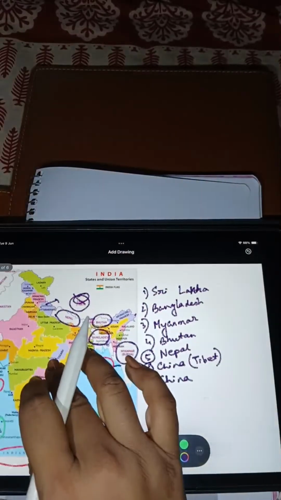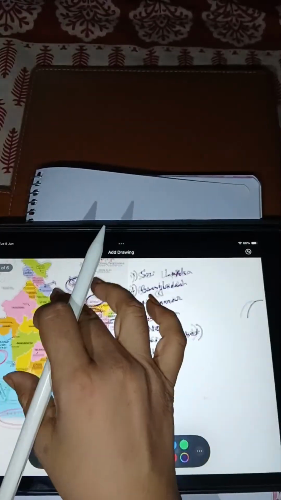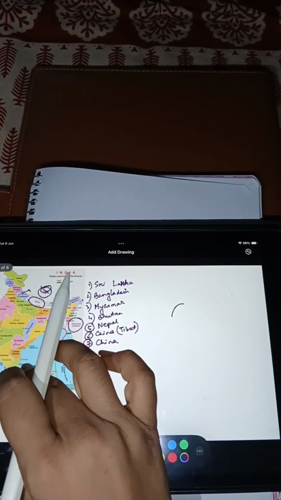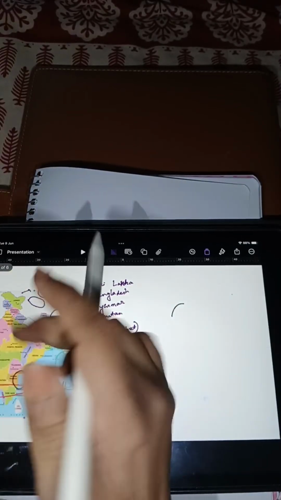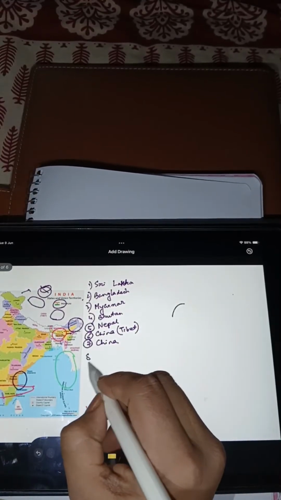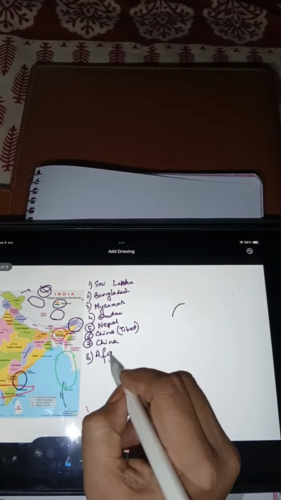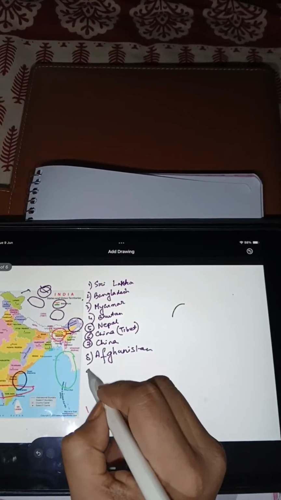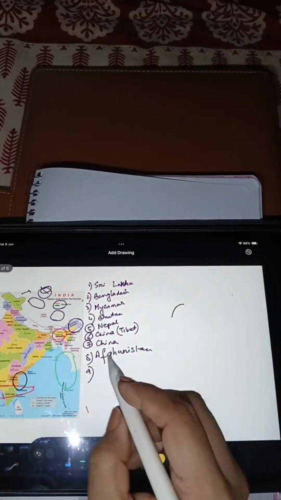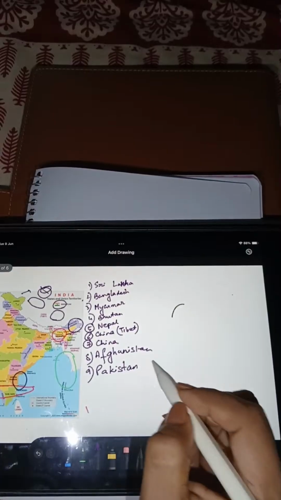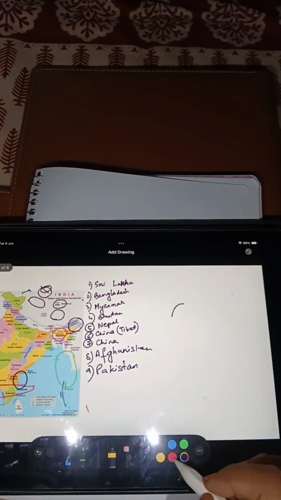Then on the northern side, there is Afghanistan, and Pakistan. So these are the neighboring countries of India.